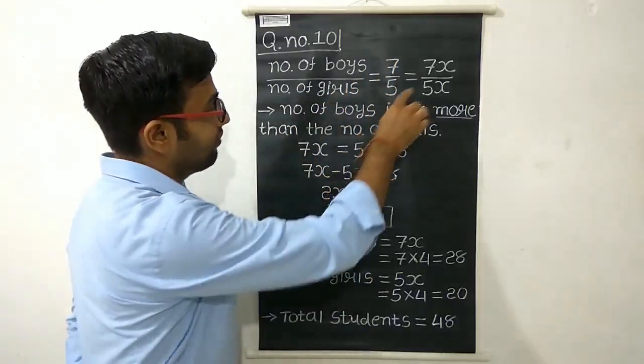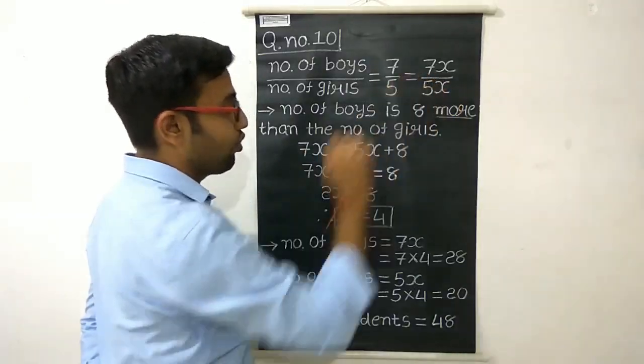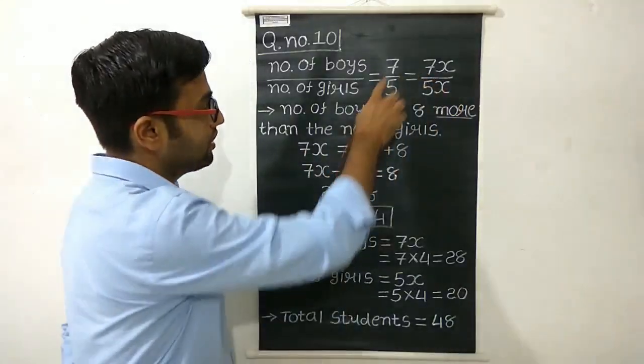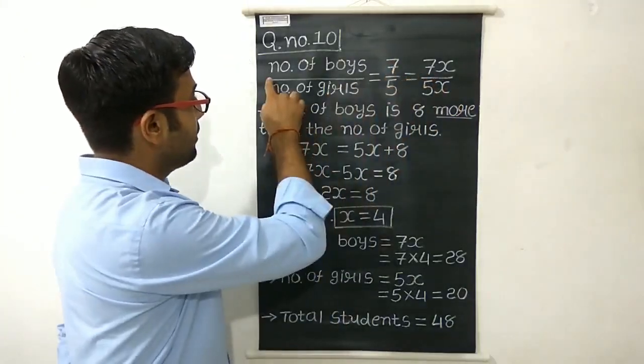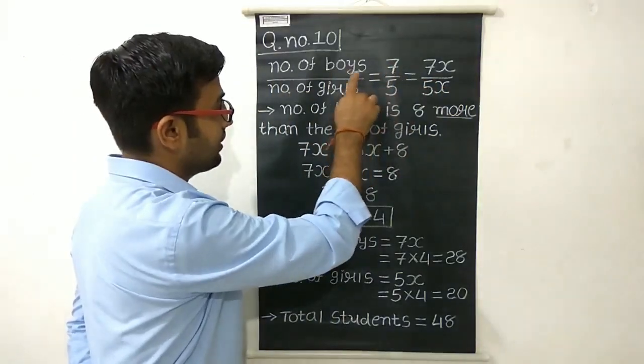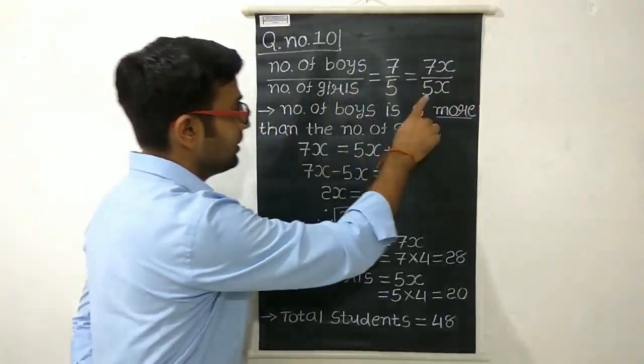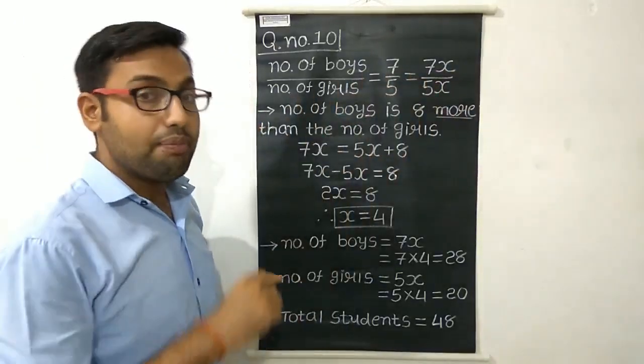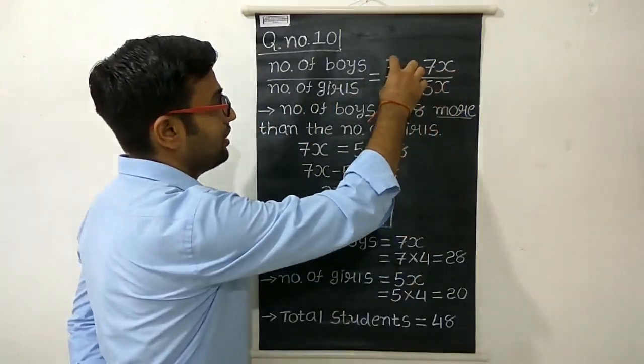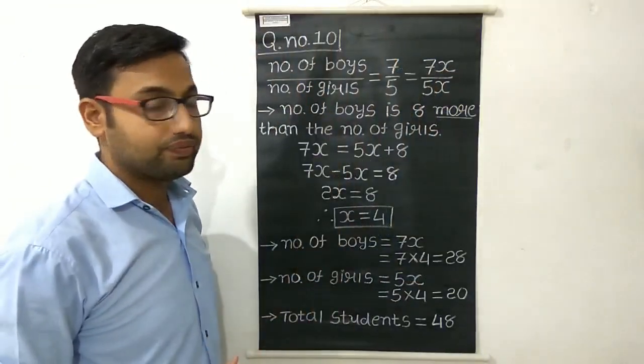Now you know that we have to use our variable as a common factor of both these numbers. So the number of boys is not 7 but 7x, and the number of girls is not 5 but 5x. But the ratio of both these numbers is 7:5.